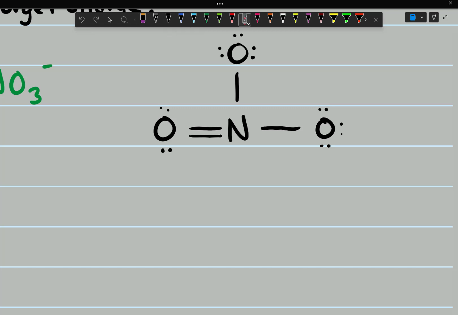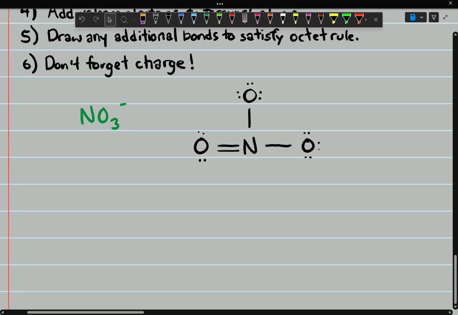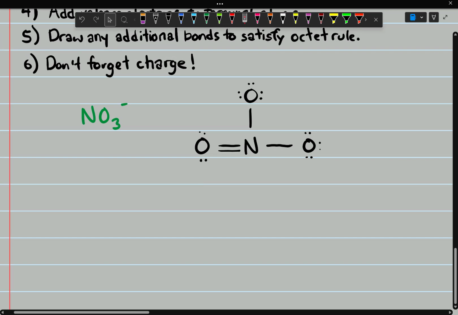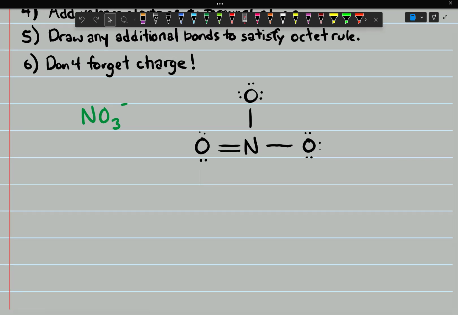So if we do that, we now have 2, 4, 6, 8, 10, 12, 14, 16, 18, 20, 22, 24 valence electrons, as we should, and we also satisfy the octet rule for our nitrogen, 2, 4, 6, 8. And so, step 6 is, don't forget your charge. So nitrate has a charge of -1, so you want to add your bracket in here and add your -1 to the top of it.